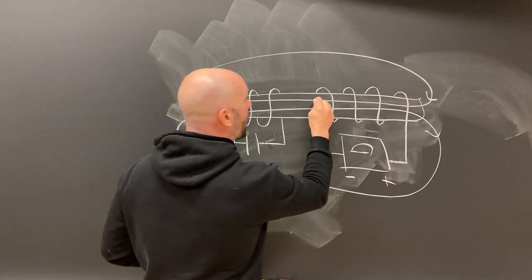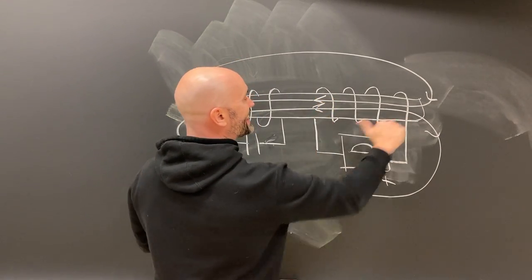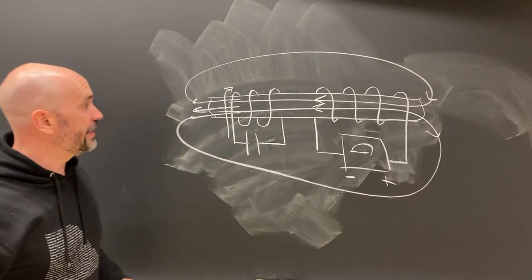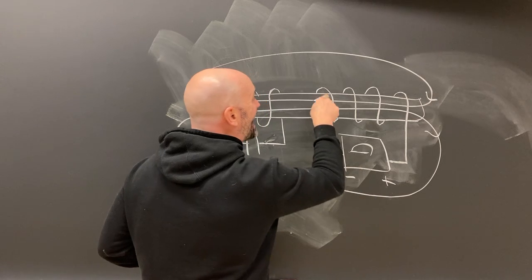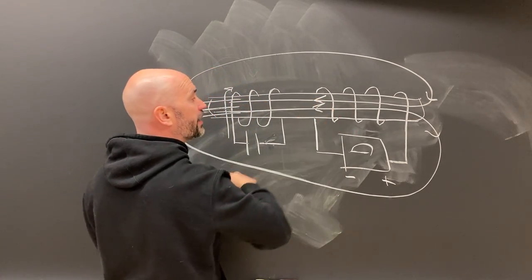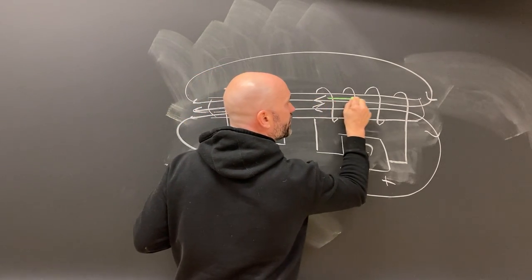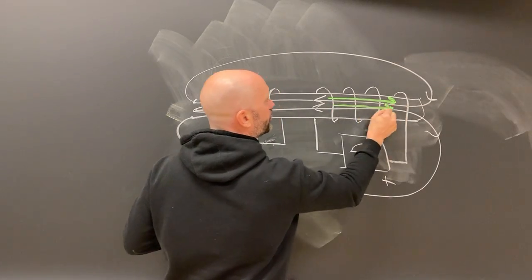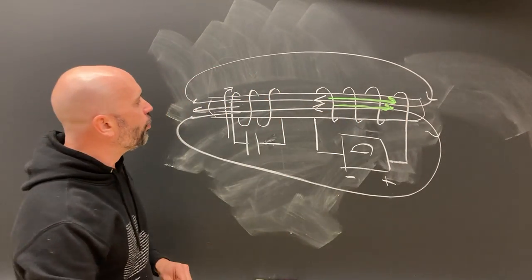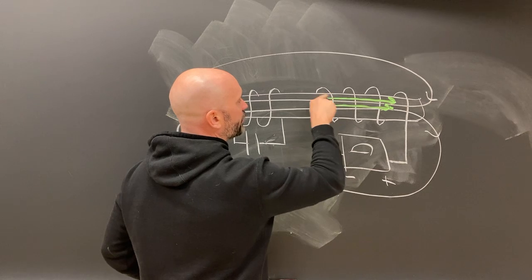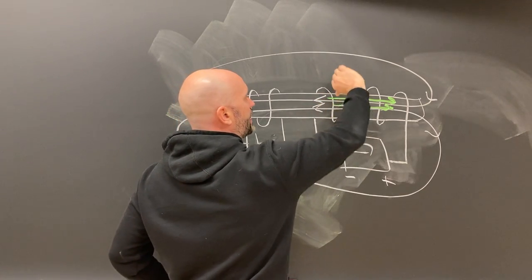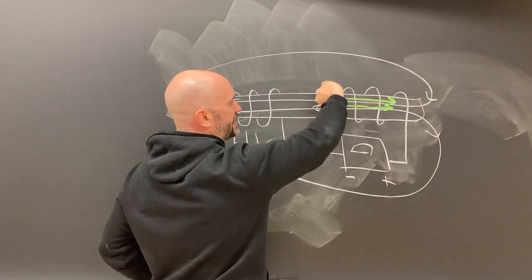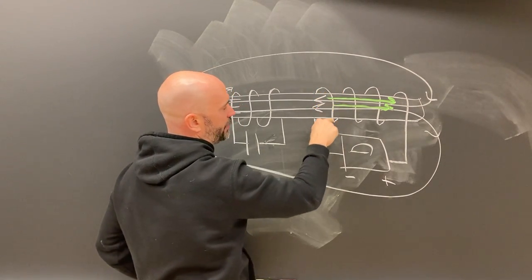So now suddenly you have this flux moving this way that it doesn't like because before it had nothing. So it wants to oppose, it wants to get rid of this new flux, so it wants to induce a magnetic field in this direction to oppose this new flux. Well, what direction does this coil need to go to have a magnetic field in this direction? Well, if my current's going down in front, up and down here, right?